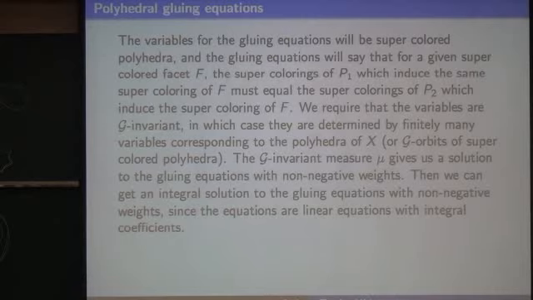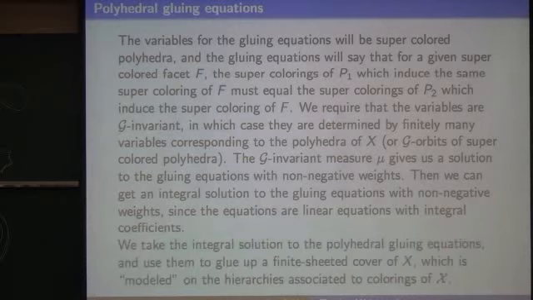This is a standard thing in polyhedral geometry, or in the simplex method, or when you're studying equations with rational coefficients, then you can always get a rational solution. So the coloring measure was just an artifice to give you a solution to these gluing equations.